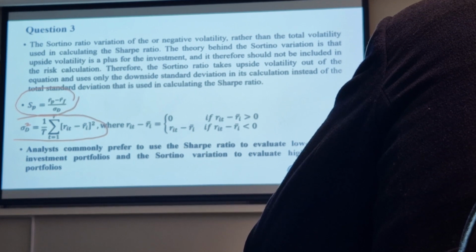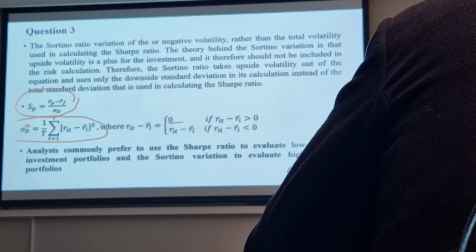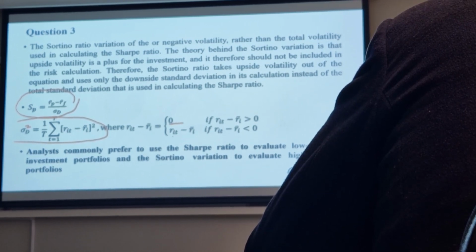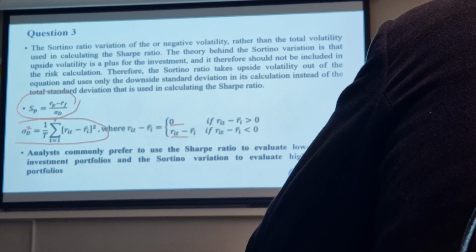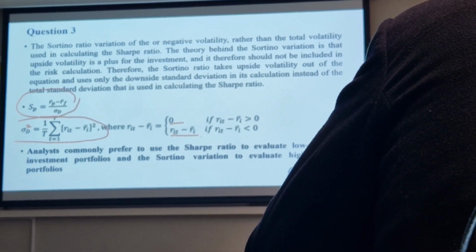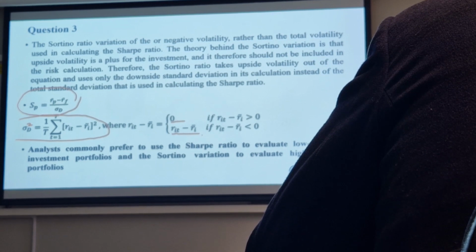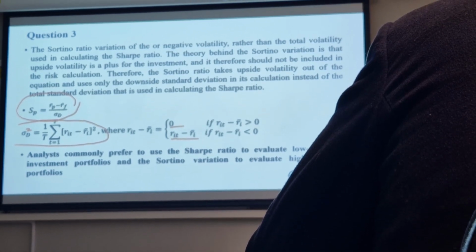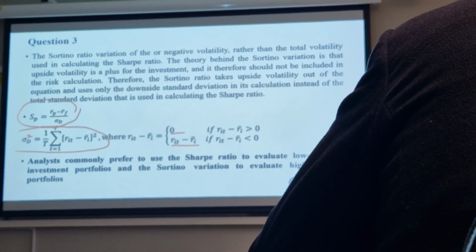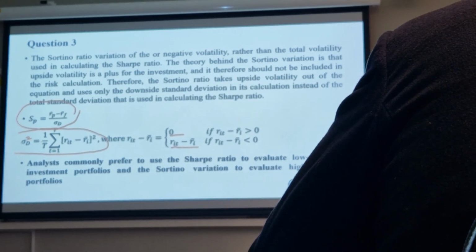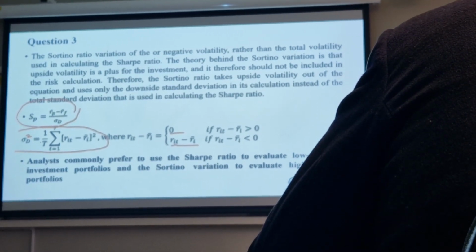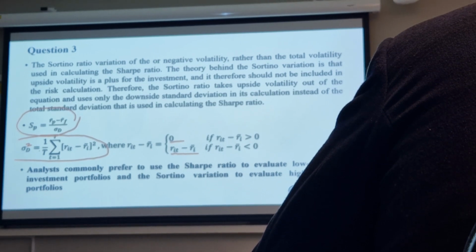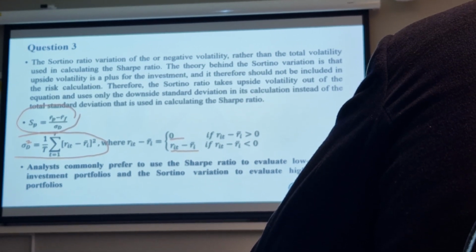So if the return is above the mean return, we set it to 0, and if it's below, we take the whole value of that deviation. Then take the square of this deviation, sum them up, and divide by the number of observations.